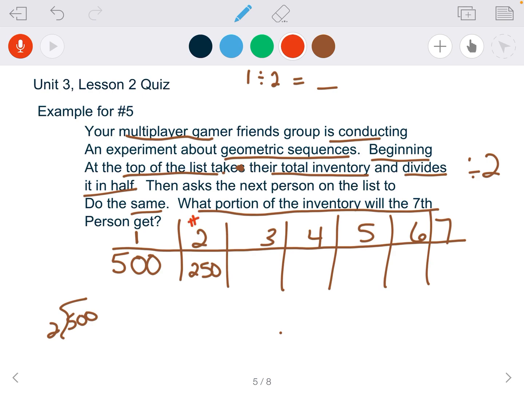So now player number 2 takes 250 and divides 250 by 2. So 125. All right, now player 3 takes 125 and divides it by 2.